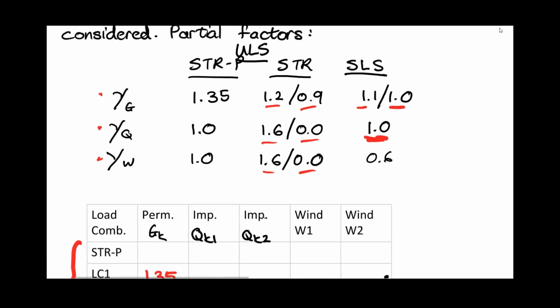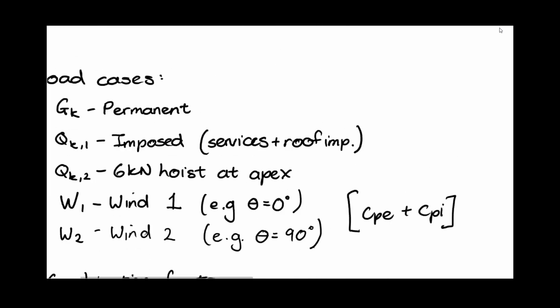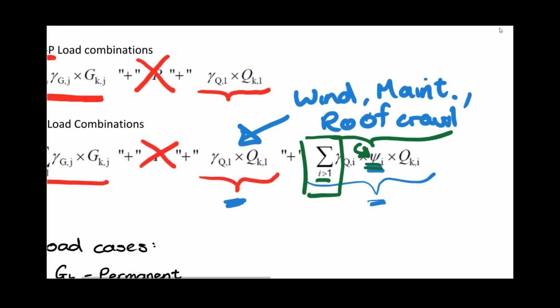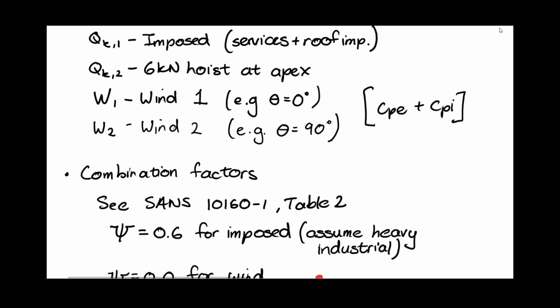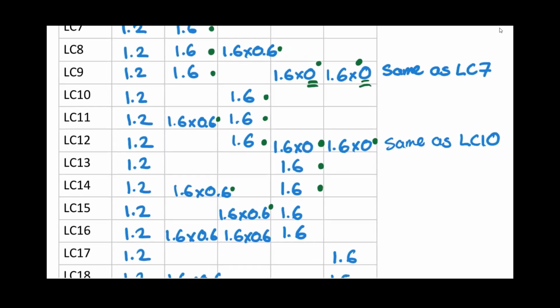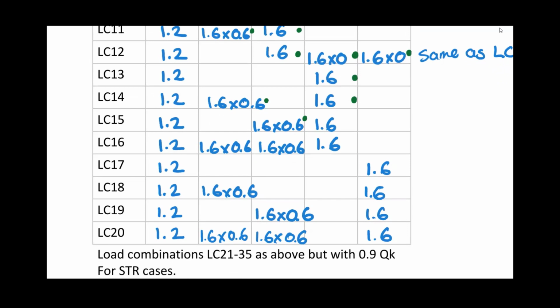And just remember, coming back to my equation, it is a sum over i greater than 1. So these are all the accompanying actions, so there can be multiple accompanying actions included. We have multiple accompanying actions we've added on, but all reduced accordingly. So that's why that and that have been reduced accordingly.